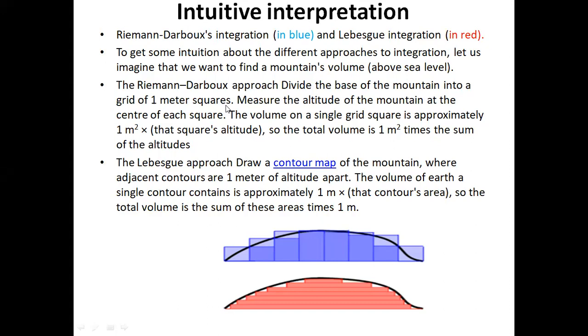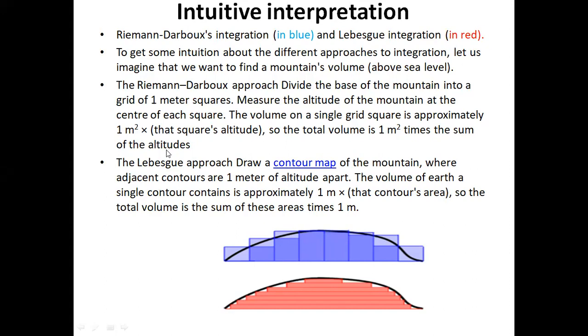This is a simple example. Measure the altitude of the mountain at the center of each square. The volume of a single grid square is approximately 1 meter squared times the altitude. So the total volume is 1 meter squared times the sum of the altitudes.